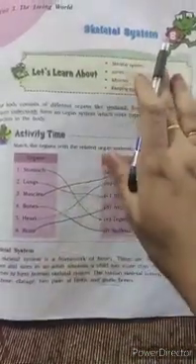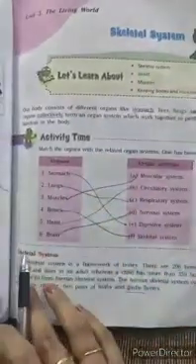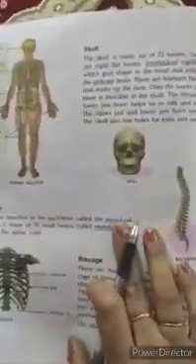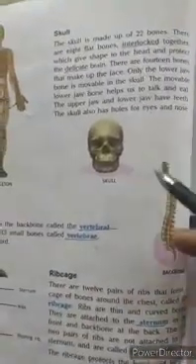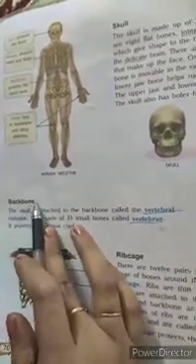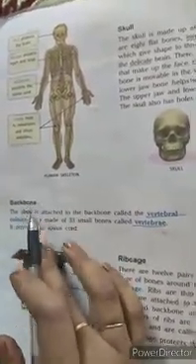Students, we are studying chapter 8 of science, that is the skeletal system. In the last class, we discussed the skeletal system and the skull. So today we will discuss the backbone. What is the backbone and what is the use of the backbone in the human body?